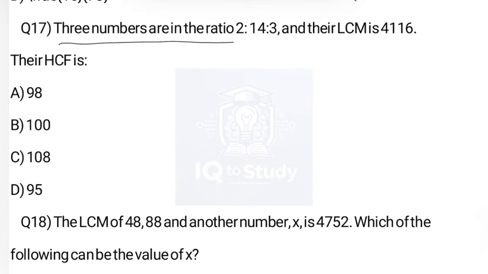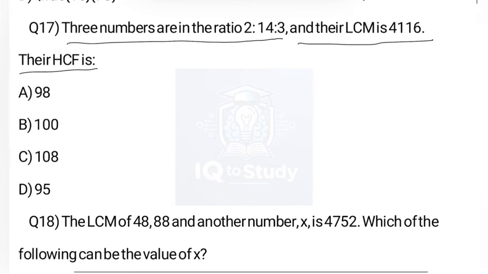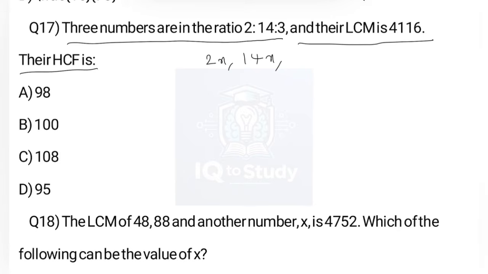Three numbers are in the ratio 2:14:3 and their LCM is 4116. We have to find their HCF. Let the numbers be 2x, 14x and 3x.